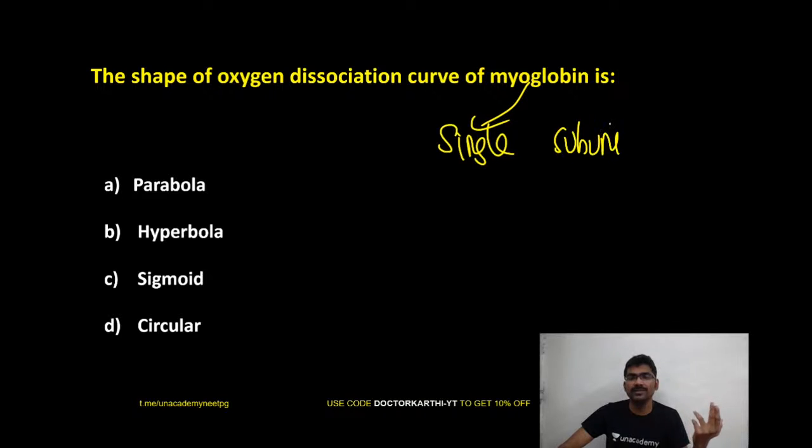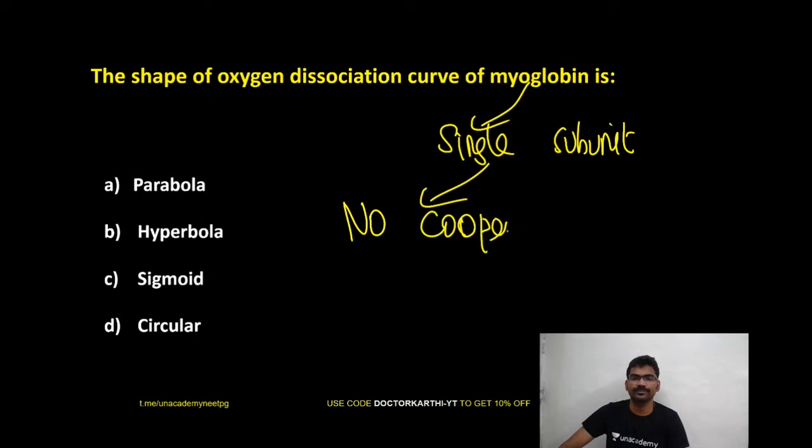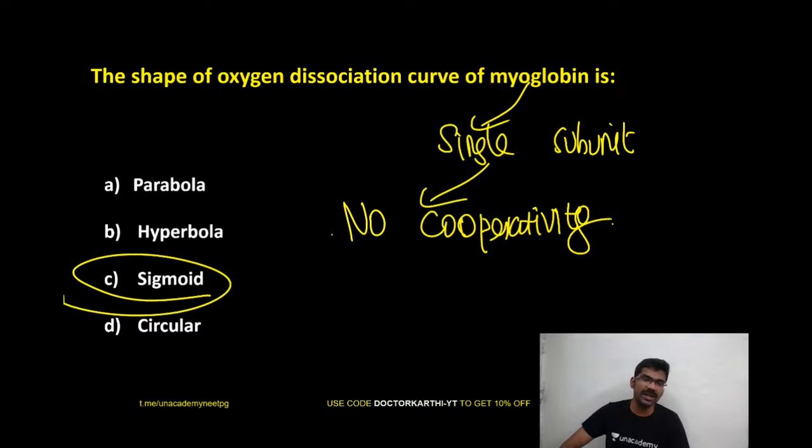So there is no possibility of cooperativity, no Bohr effect, nothing will be there. Because there is no quaternary structure in myoglobin. As there is no cooperativity, there is no sigmoidal curve, right? So that is why the oxygen dissociation curve for myoglobin will be hyperbolic.